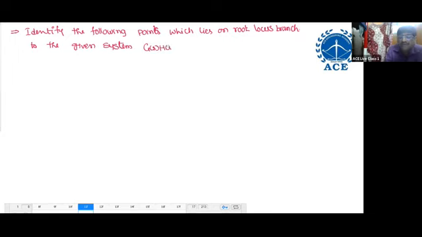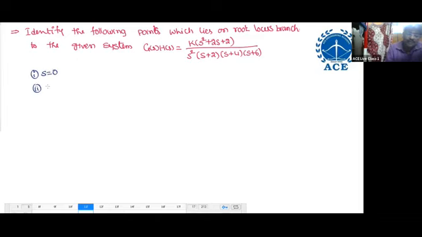So G of S, H of S equals K into S square plus 2S plus 2, divided by... First point S equals 0. Second point S equals -1.